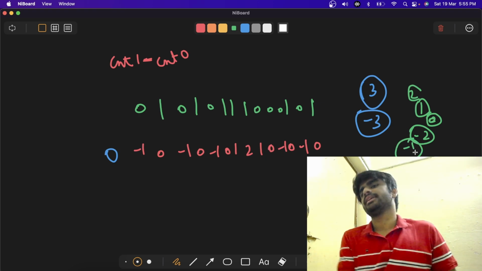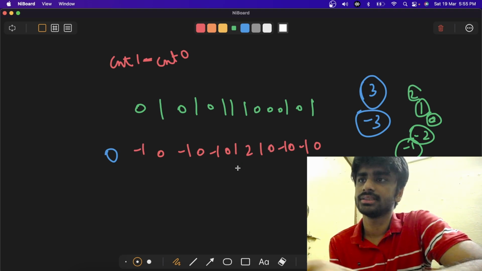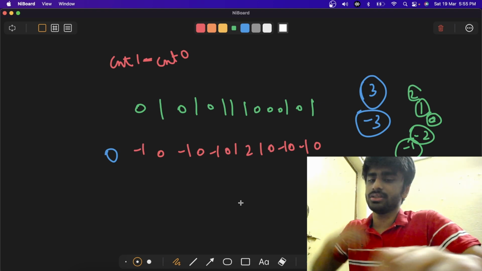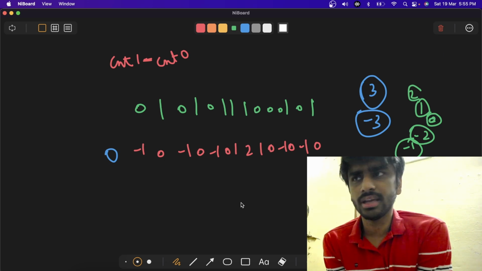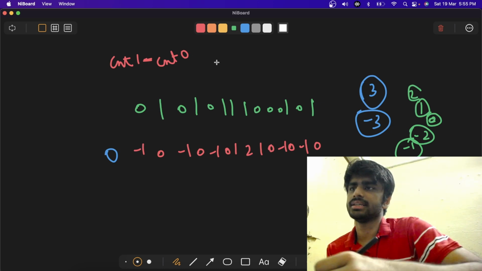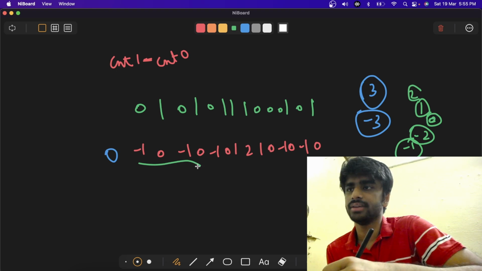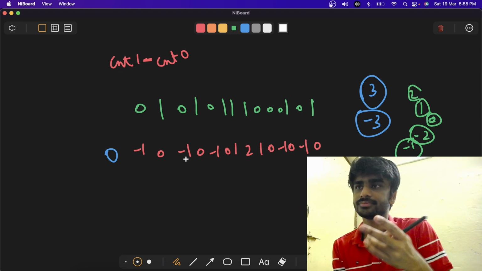Yeah, exactly. So we just need to know the minimum and maximum value we can get, and everything in between can definitely be formed. I guess so, because at each step, our cumulative value is getting increased or decreased by just 1.